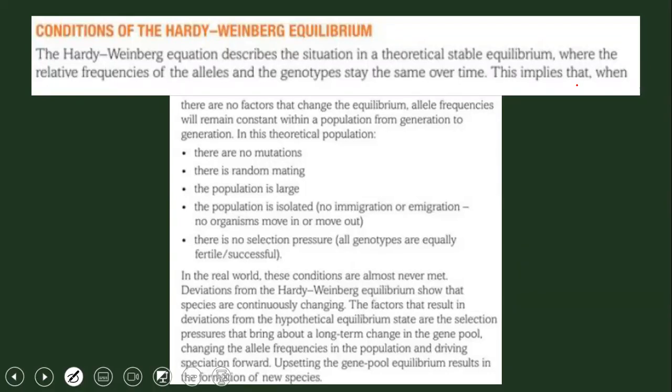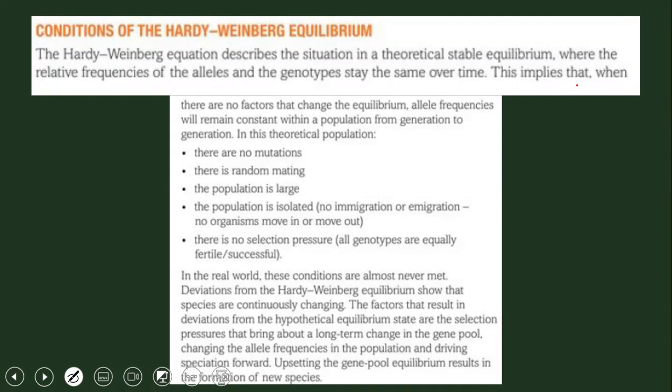But generally, in reality, we see non-random mating. Non-random mating occurs when some features of the phenotype affect the probability of two organisms mating, right? And as a result, natural selection is going to take place. What do I mean? Think about a peacock.